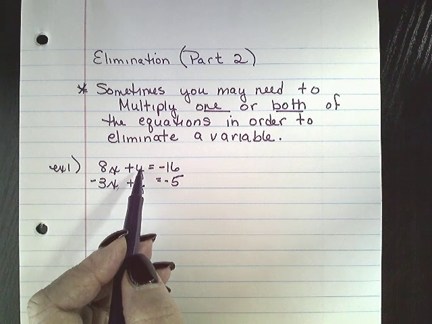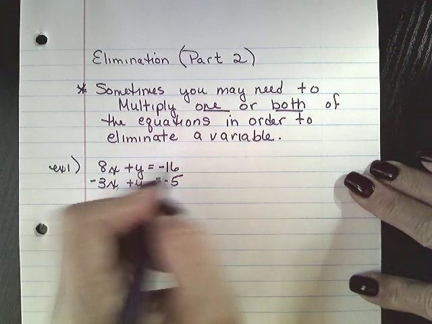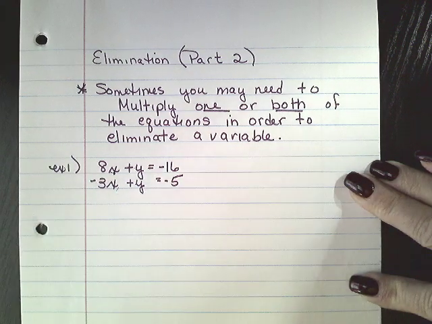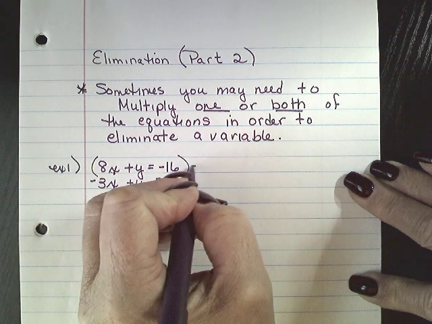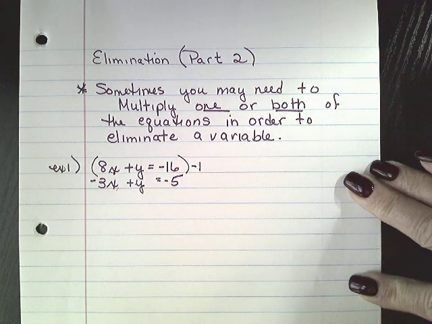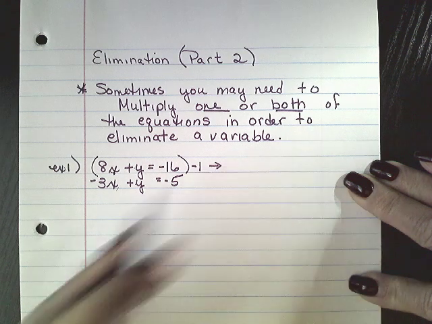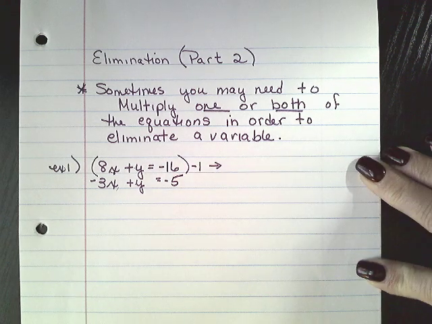What can I multiply 1 by to get a negative 1? And that's going to be a negative 1. But here's the thing. Put parentheses around the entire equation and put the negative 1 next to it. Because you are multiplying the entire equation by negative 1, not just the y variable.